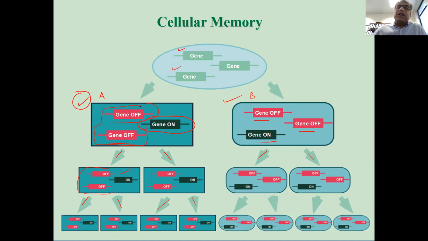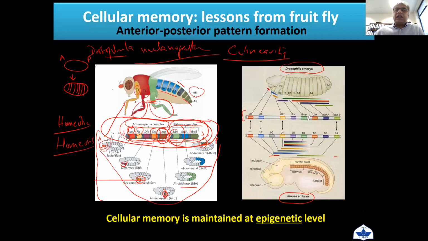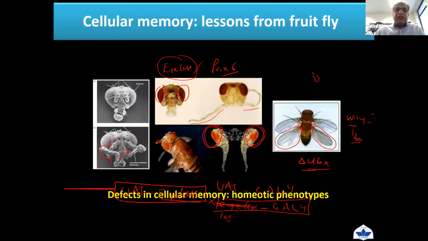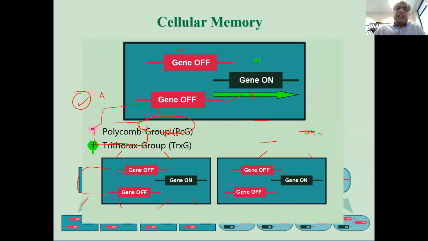Now, how do you maintain these gene expression patterns? You can imagine these are homeotic genes, let's say UBX gene expression pattern. This is UBX, for example, here it will be off, and here UBX is on. So in order to maintain these gene expression states, you have trithorax group and polycomb group. They bind to chromatin.